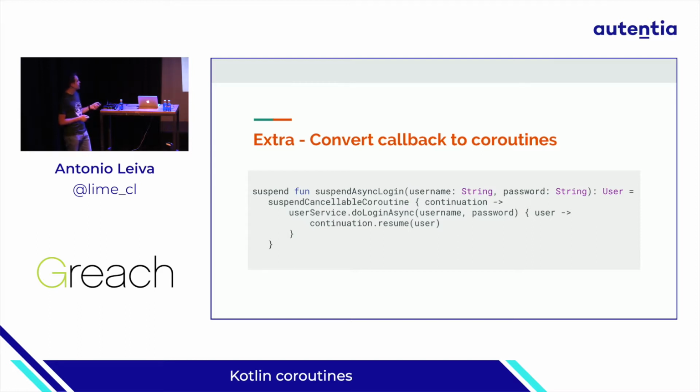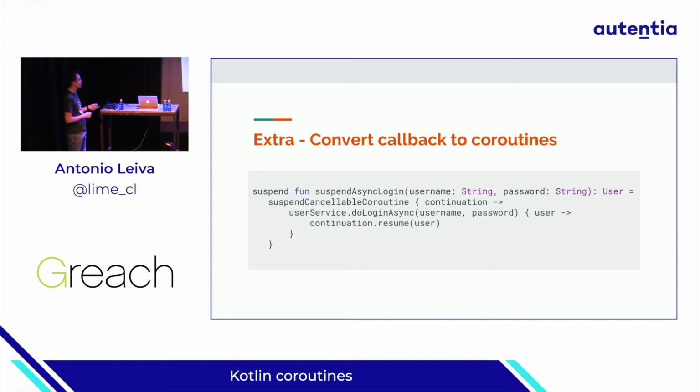To do that, we have another function called suspendCancellableCoroutine, which is a way to wrap those calls. It returns a continuation object that we can use when that call is finished and we get the result from the callback.